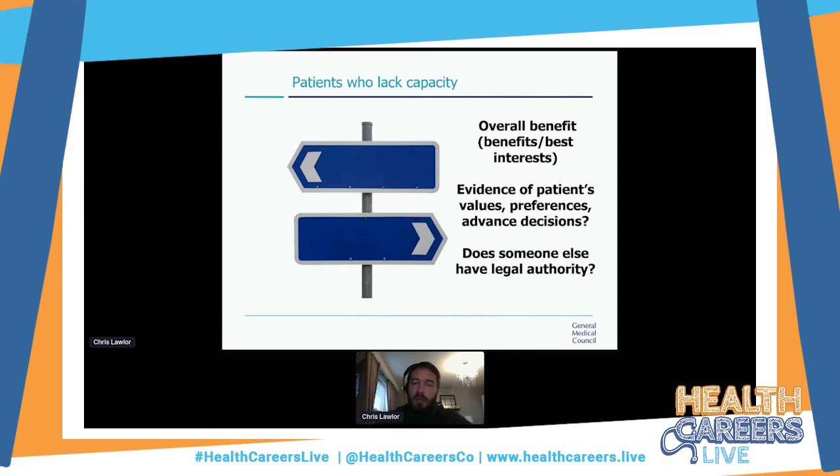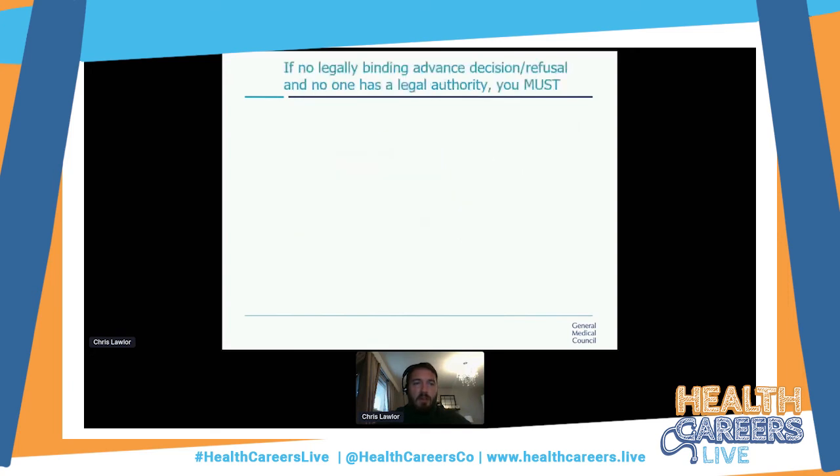We're going to be looking at evidence of a patient's values, their preferences, any advance decisions that they might have made, and also thinking, does somebody else have legal authority? So is there a lasting power of attorney in place? Have they given somebody else the authority to make decisions on their behalf? So key things that we want to be thinking about if a patient lacks capacity.